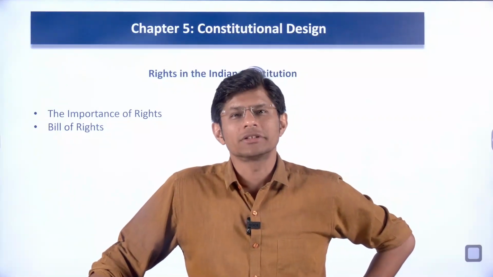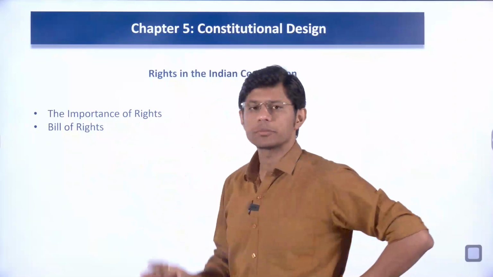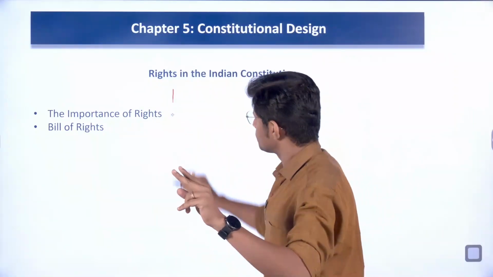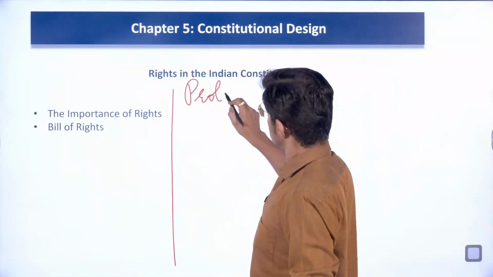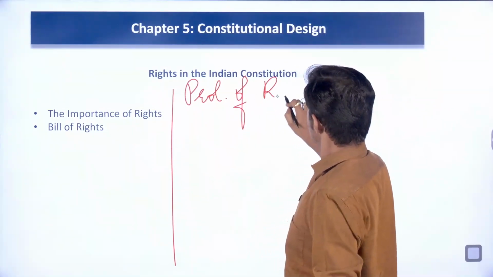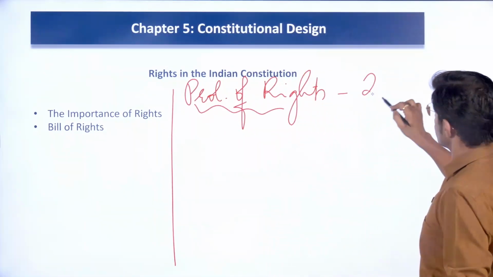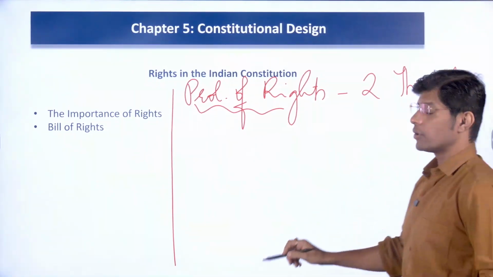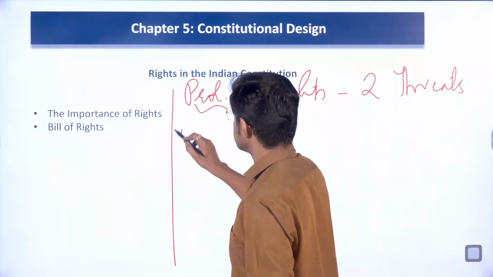Now see, the Constitution protects the Bill of Rights. The Constitution protects rights from two main threats. The first threat is from private individuals or organizations.